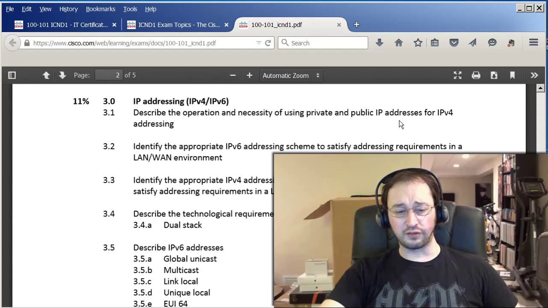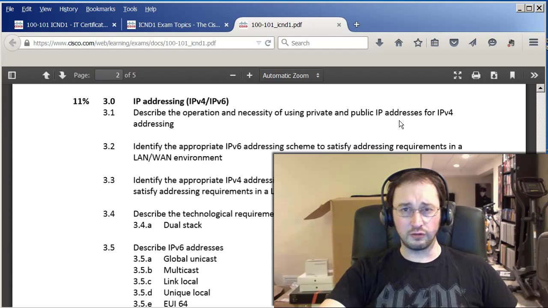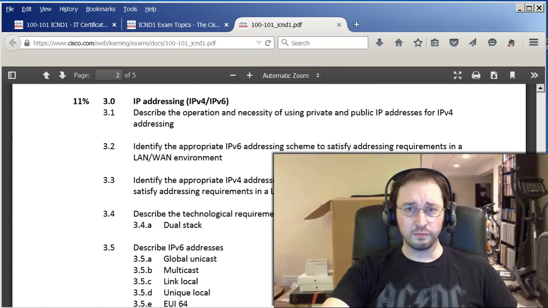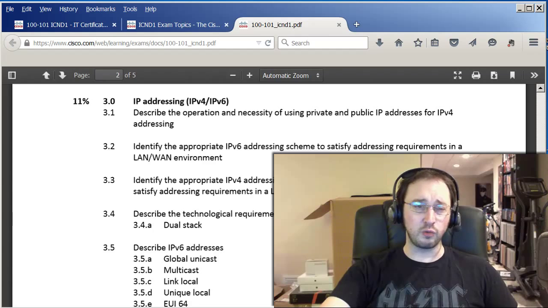So those are going to be things like your 10.0.0.0/8 network, 172.16.0.0/12, and 192.168.0.0/16. Those are your private ranges. You're probably going to want to know all the different IP address classes and which IPs correspond to which class.